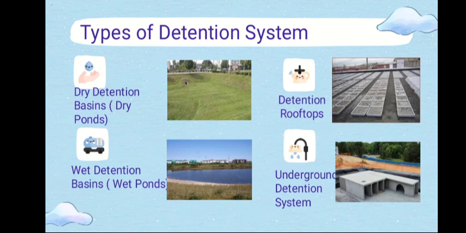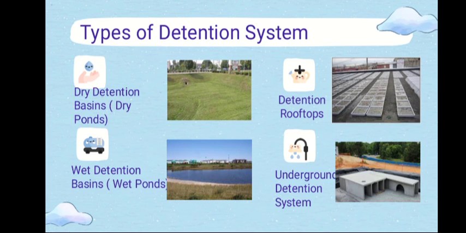The third type of detention system is what we call the underground detention systems. It consists of pipes, tanks, or both placed below the ground to store stormwater temporarily. It is ideal for urban areas with limited space, and it is often used in conjunction with surface landscaping to maximize land use.